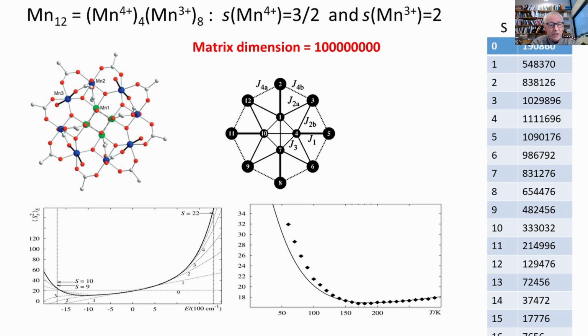And if you make the bookkeeping, you find that there's a matrix dimension of 100 millions. And looking at the block sizes of the matrices here to the right, it is not even worth beginning generating these matrices and diagonalizing them.